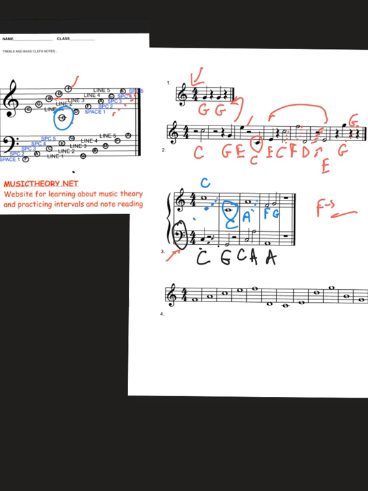So that would be D here. This would be F, A, C, E, F, D, C, E, D, G, B, G. Voila! Correct. All right, that's done with that.